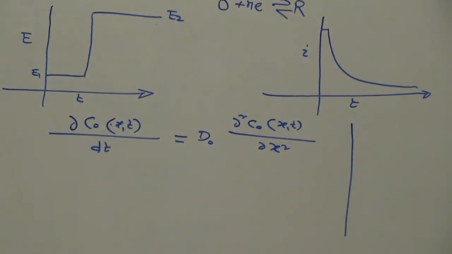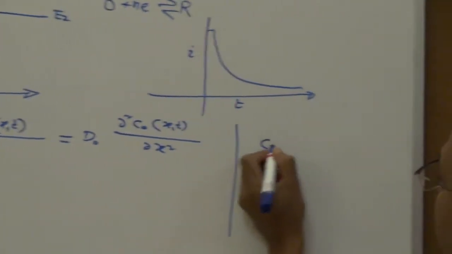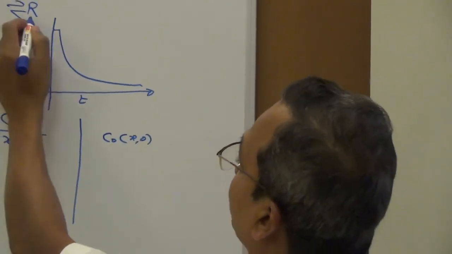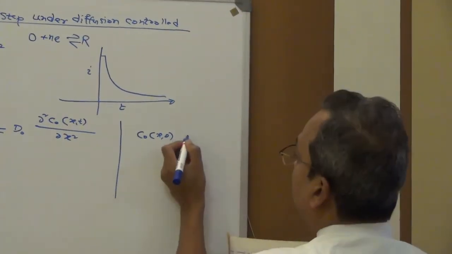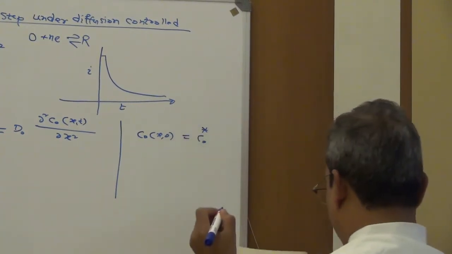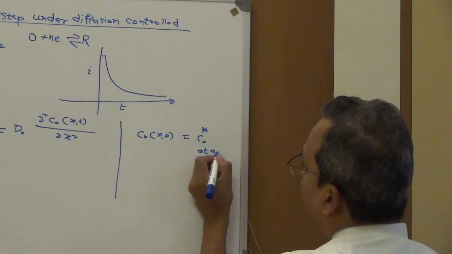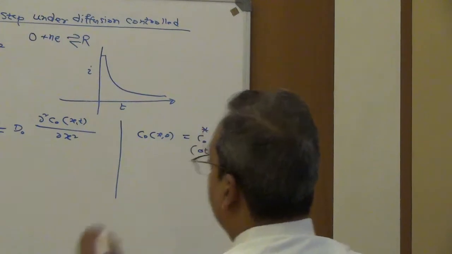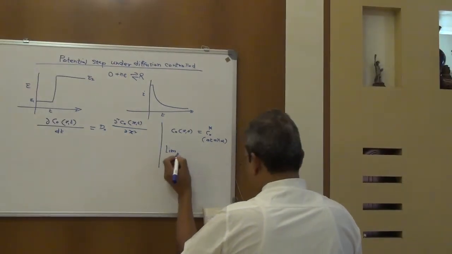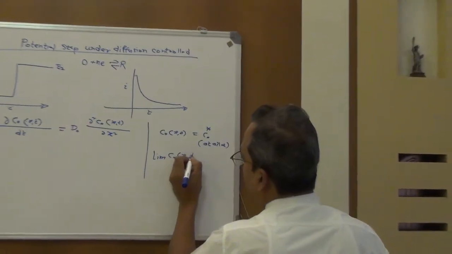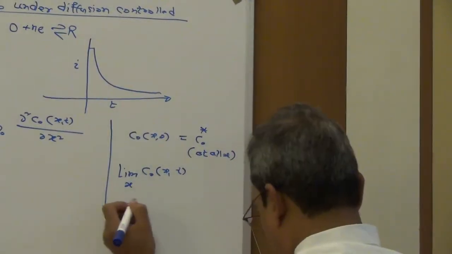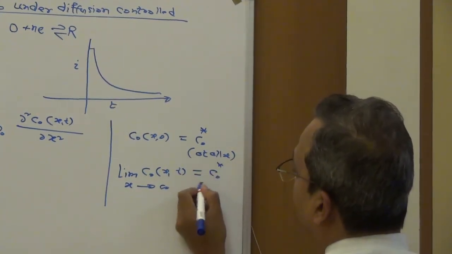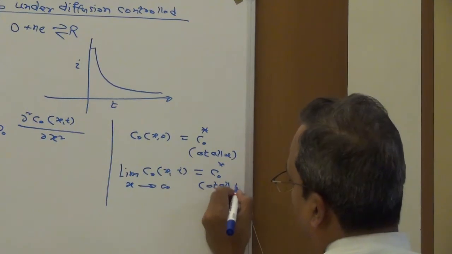At t equal to 0, the concentration of O, which is getting converted into R, is always CO star, the bulk concentration, at all values of x. Another limit is that the concentration of O at x, t, as x tends to infinity, is always equal to CO star at all values of t.